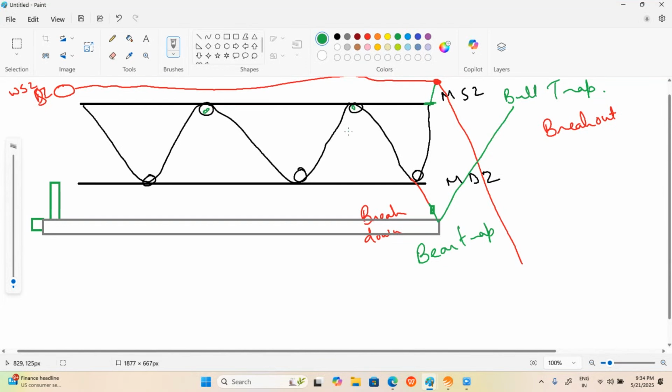Suppose before price hits the proximal of the monthly demand zone, price approaches a daily demand zone while in a downtrend. Let me draw it for you.